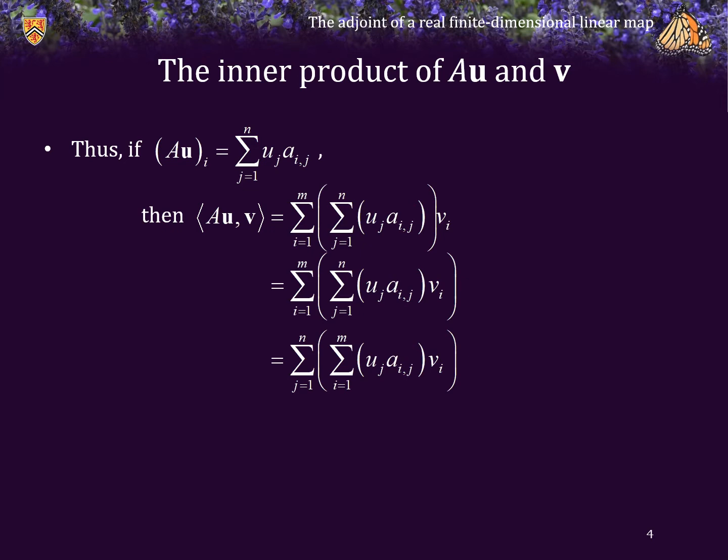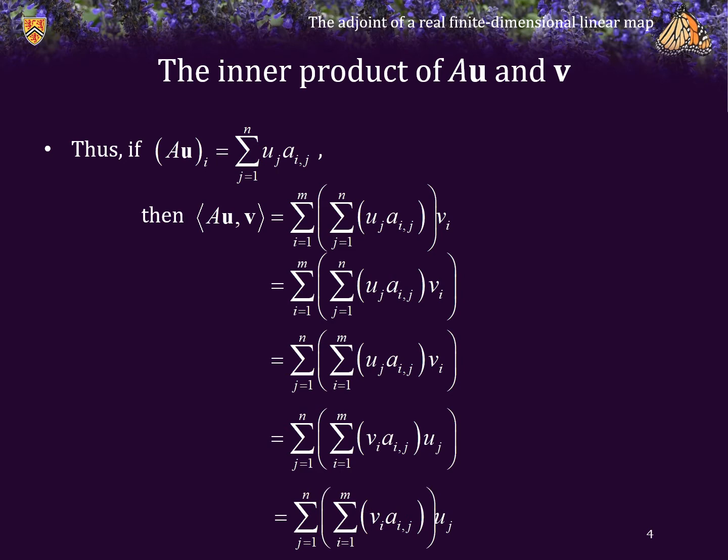Now, however, notice that I can rewrite the term of the inner sum to swap the entries v_i and u_j. All right, now the outer sum deals with j, and so u sub j is common for every single term inside the inner sum, so we can take out u sub j.